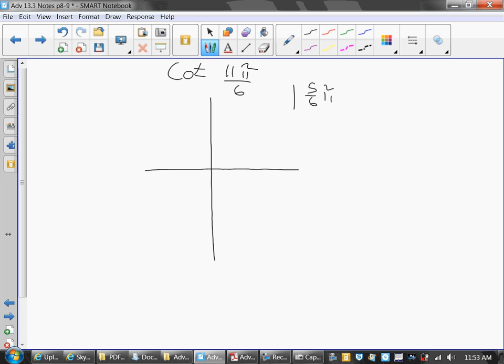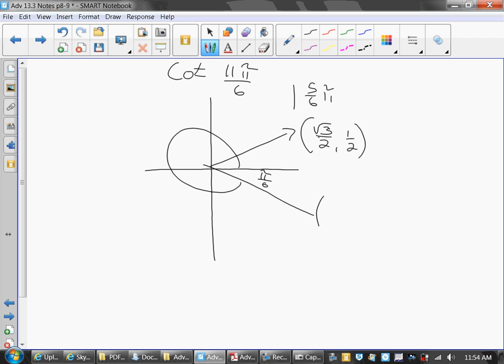How much pi do I need to create 2 pi? 1/6. So my reference angle is pi over 6. In the 1st quadrant, pi over 6 has an ordered pair of root 3 over 2 and 1/2. So in the 4th quadrant, the x value is the same, the y value is negative.